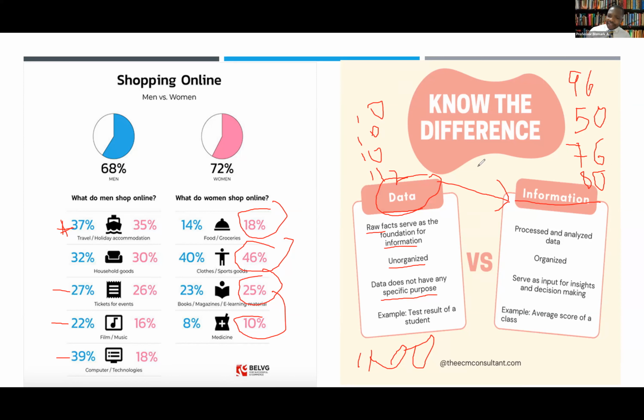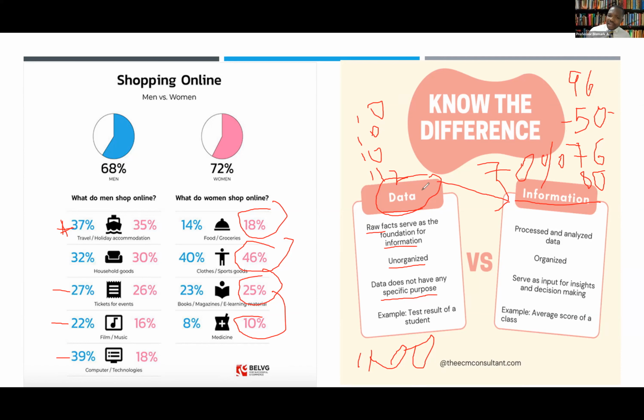But if I had said I wanted everyone to get 70% or more, the minimum cutoff score, then I know this person is going to be in trouble. That turns the data into information because I'm analyzing the meaning.